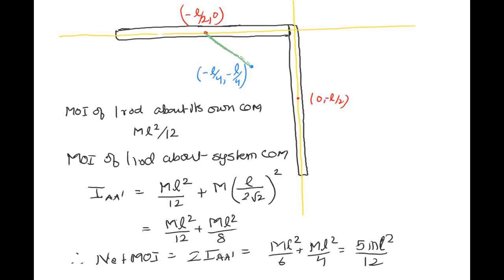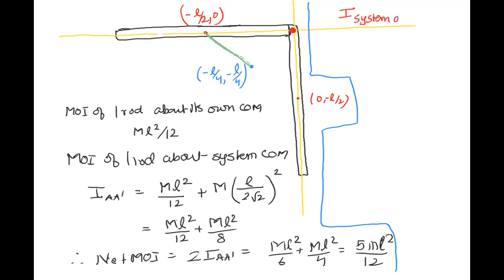So what if I don't want to do this? What if I want to say that look, I know that the moment of inertia about this axis, ये जो मैंने red से बनाया है, moment of inertia of the system about the origin will be equal to 2 ml square by 3.